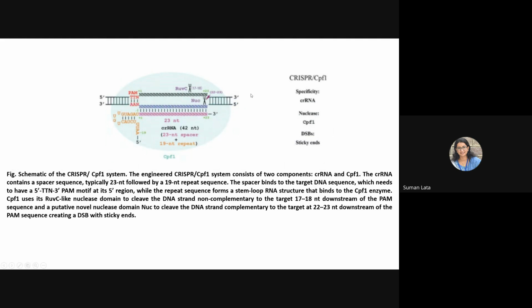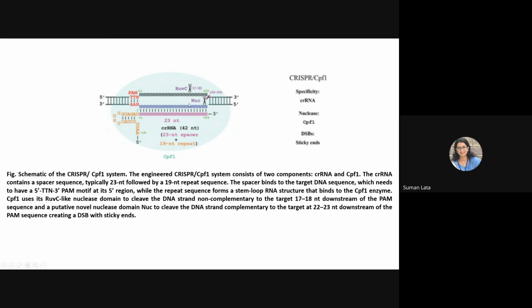So this is the Cpf1. Here you can see there are two components. One is the CRISPR RNA, that is 42 nucleotides long, and Cpf1. The CRISPR RNA has the spacer sequence that is 23 nucleotides long, followed by a 19 nucleotide long repeat sequence.